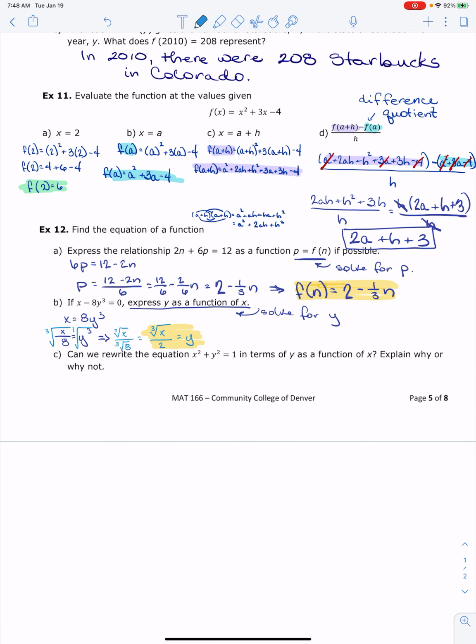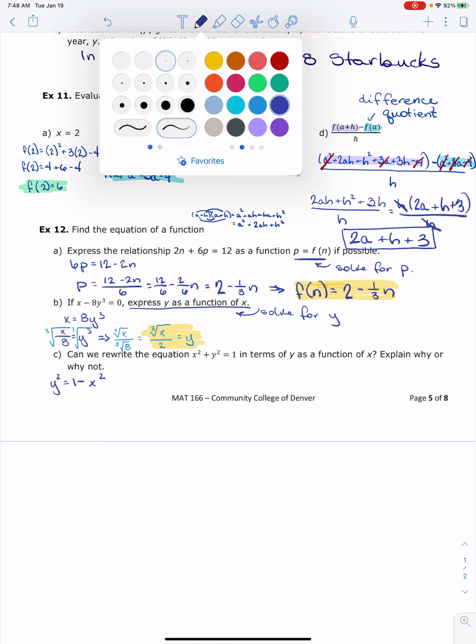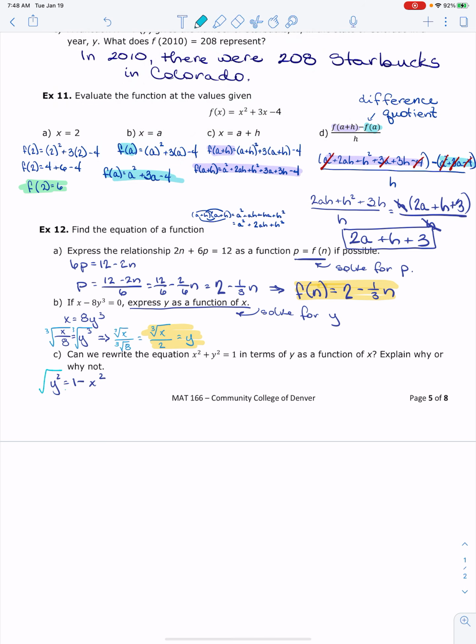C asks if we can rewrite the equation x squared plus y squared equals 1 in terms of y as a function of x. Well, let's see. We've got to solve for y. So y squared equals 1 minus x squared. If I square root both sides, I get y equals, keep in mind, I added in that square root.